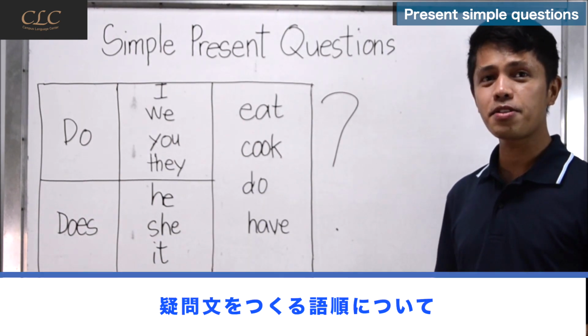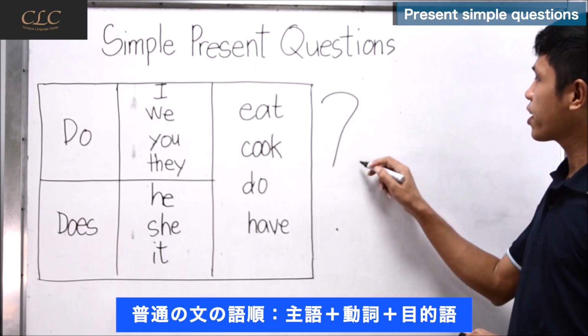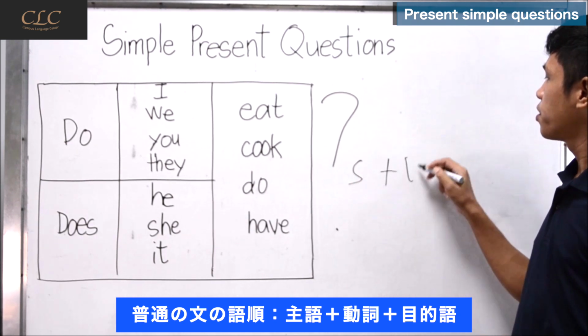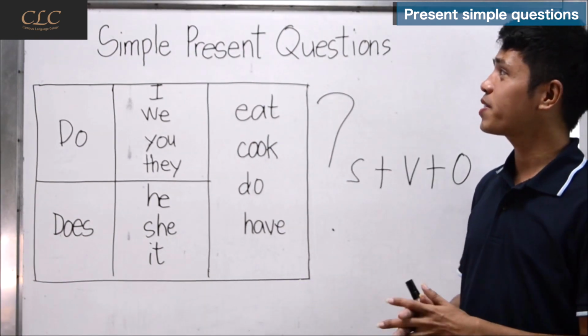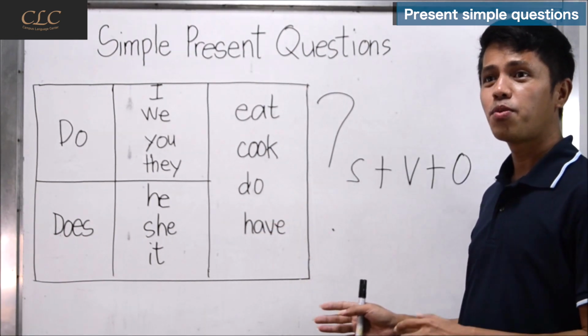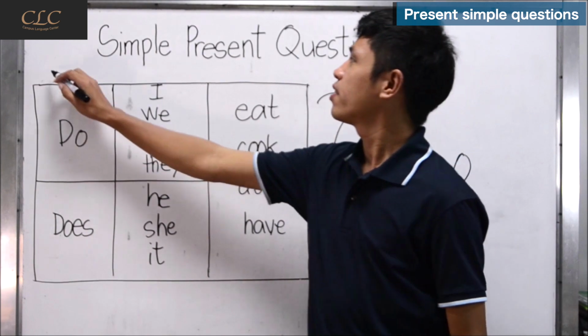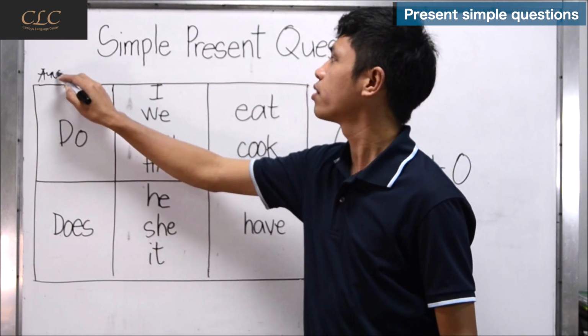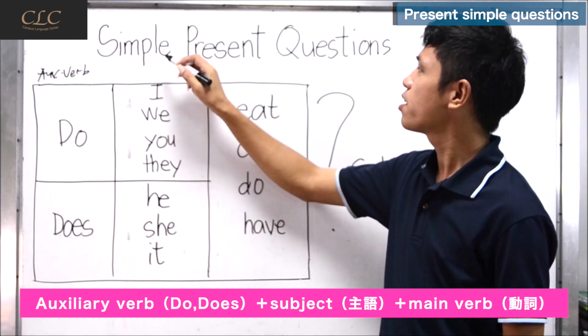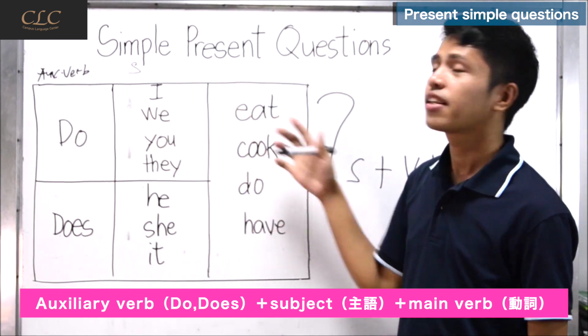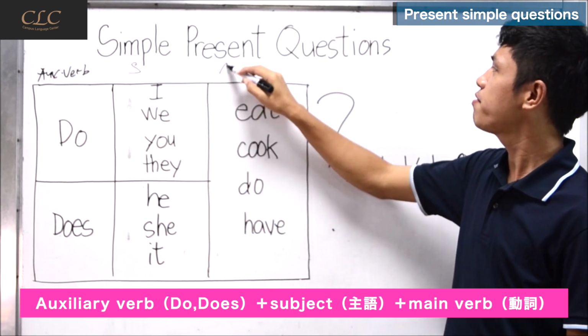Commonly, in a regular sentence, we have the subject, verb, and the object. Since we are studying present simple question, the word order should be auxiliary verb, then next is subject and the main verb.